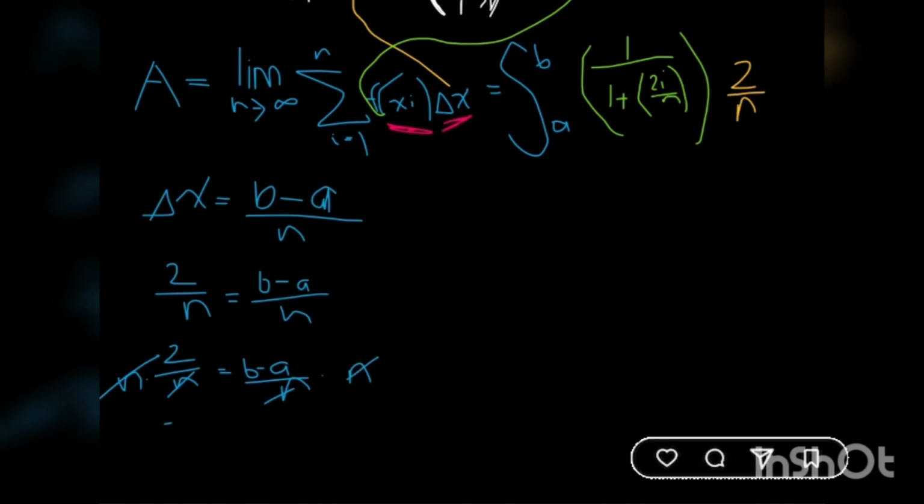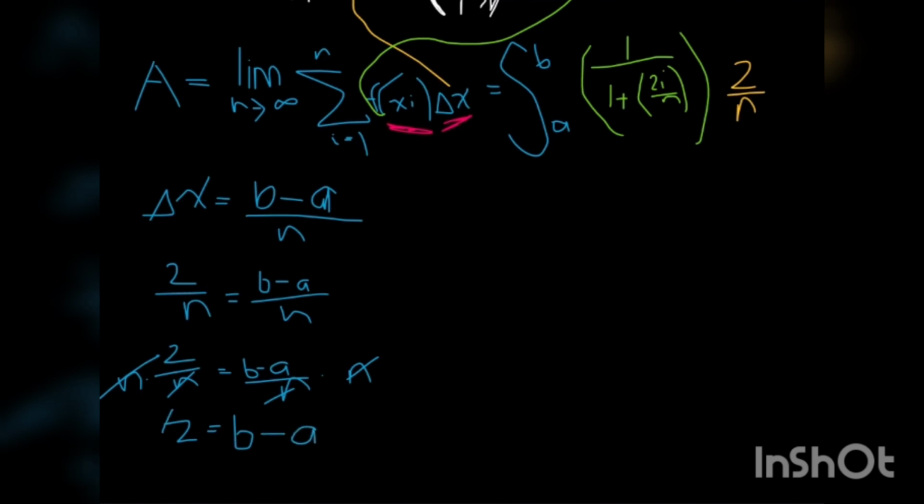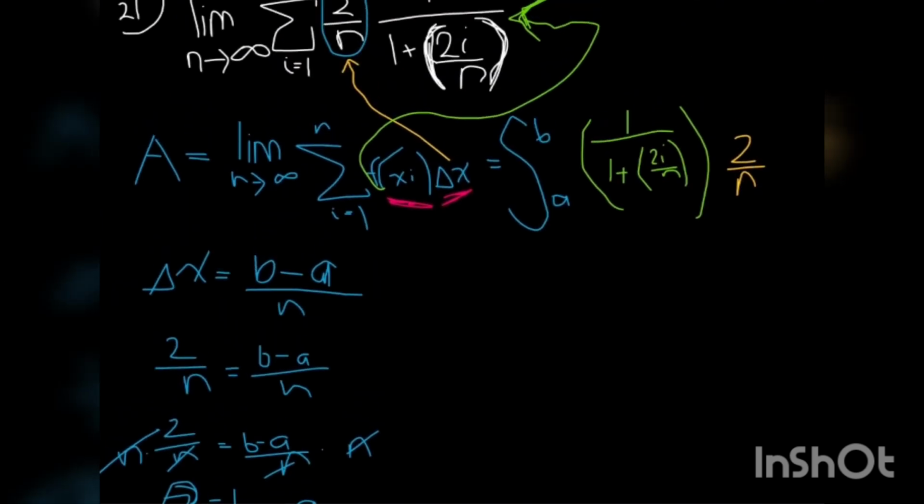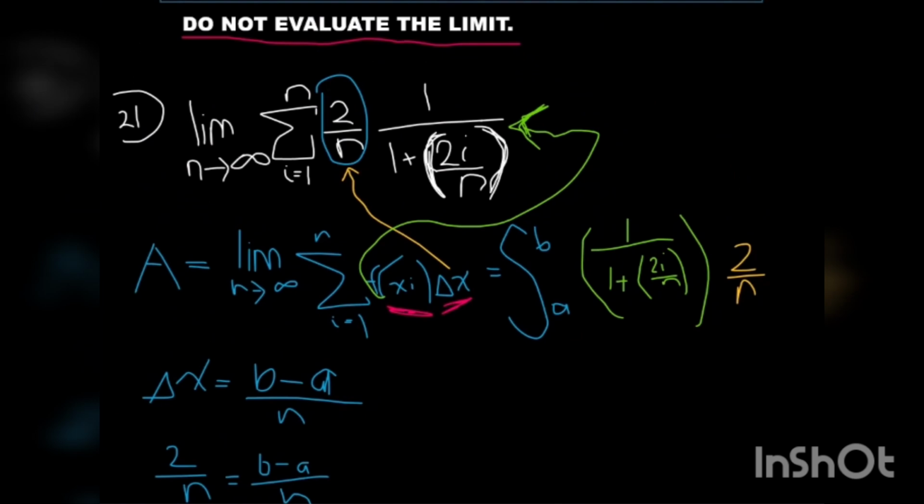We're left with 2 equals b minus a. Then I'm going to replace a. So 2 equals b minus, and I'll come back to that in just a moment.